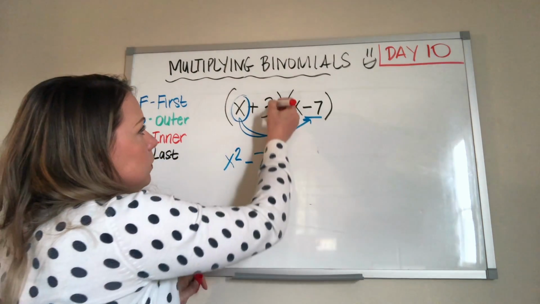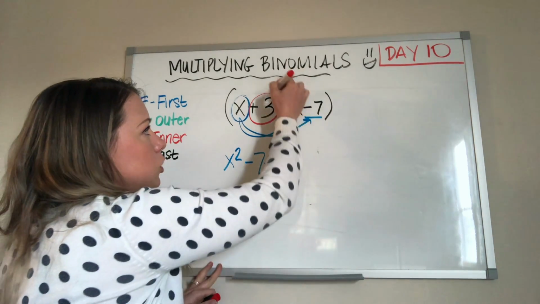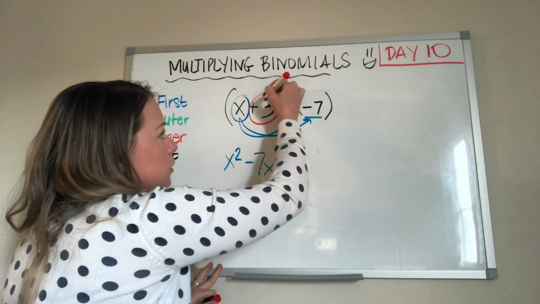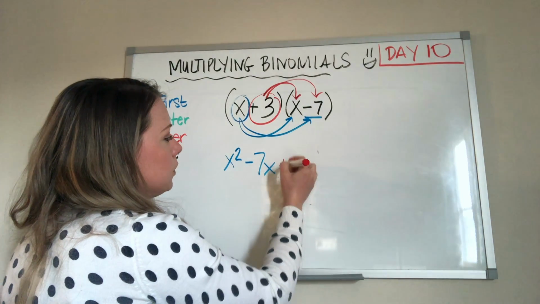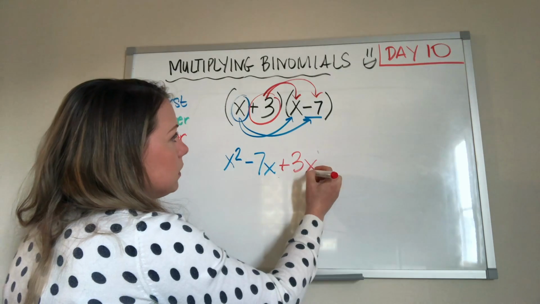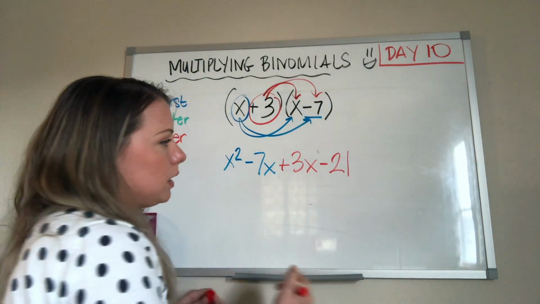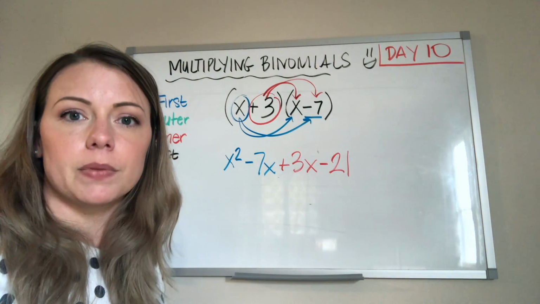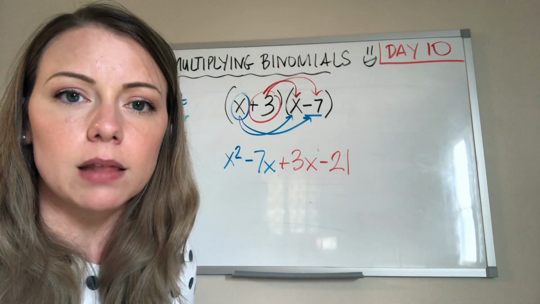Now, I have to remember that I also have that positive 3, and I need to distribute that positive 3 to each piece as well. So I have 3 times x, which produces positive 3x, and I have 3 times negative 7, which produces a negative 21. Then I'm going to go through and combine any like terms.